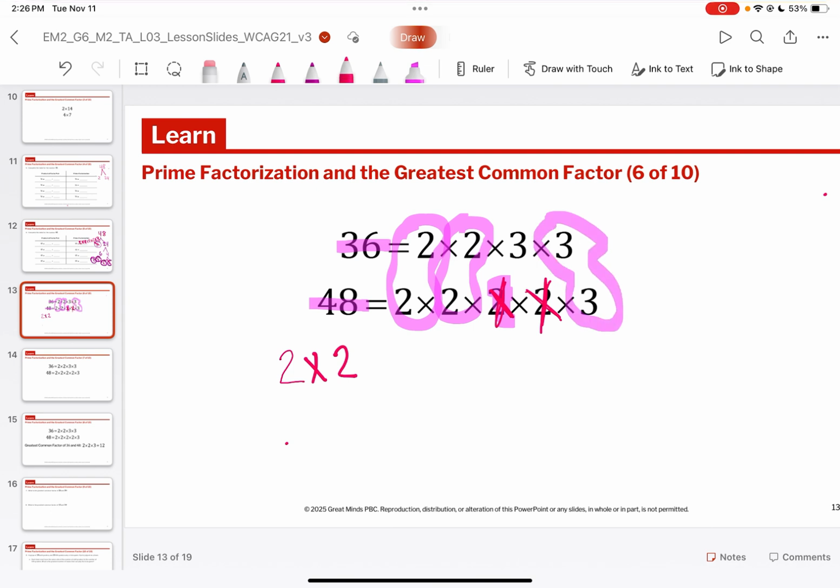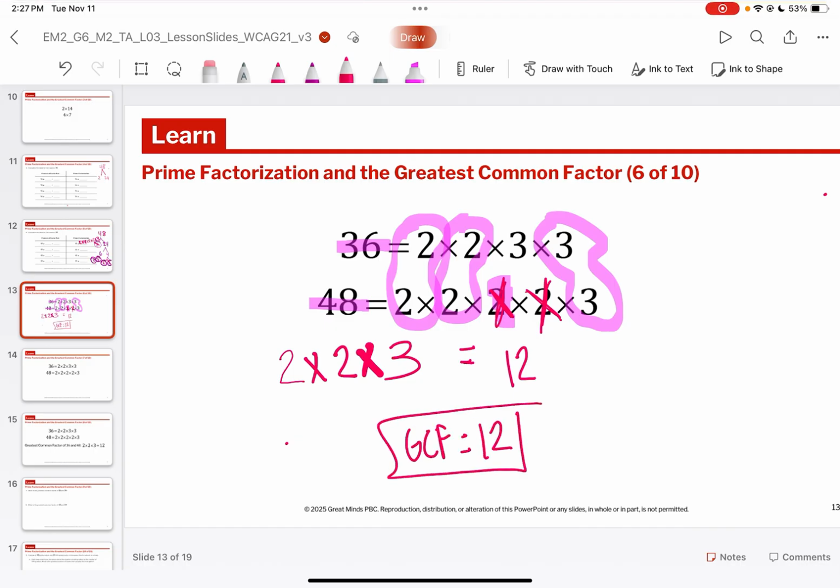So at the bottom, I'm writing what number? 3. All right. Now I have made a multiplication sentence of all of my common pairs. What is 2 times 2? 4. What is 4 times 3? 12. So the greatest common factor of 36 and 48 is 12.